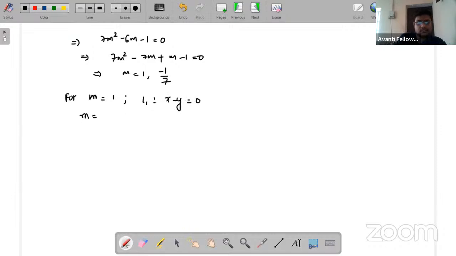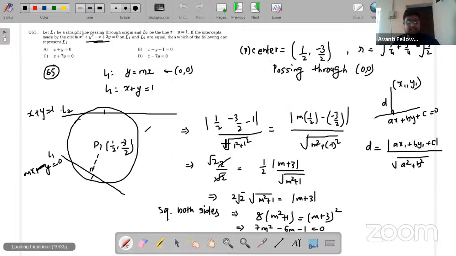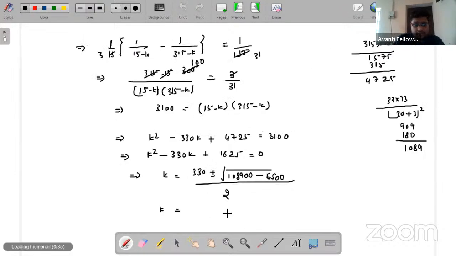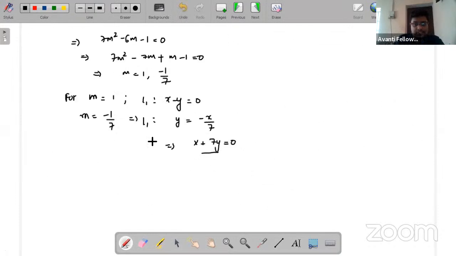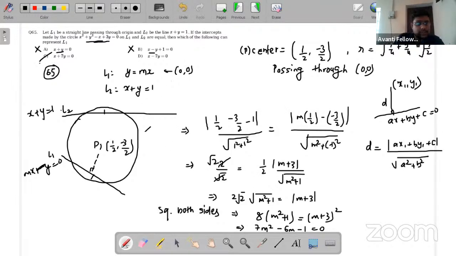And for m equal to minus 1 by 7, we will be writing L1 as y is equal to minus x upon 7, or x plus 7y is equal to 0. So we have to check which option is correct. x plus y, no. x minus y, no. So both options are wrong. Now for the second one, we check x plus 7y equal to 0. So option number C is correct.